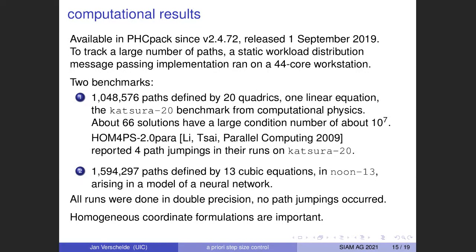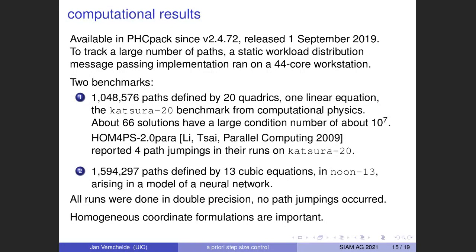So we tested this on large systems because it's not only important that it works, that we can predict the step size, but also that it can actually do substantially large instances. And in particular, here the first instance is a well-known benchmark.